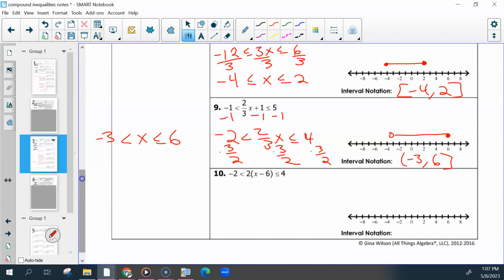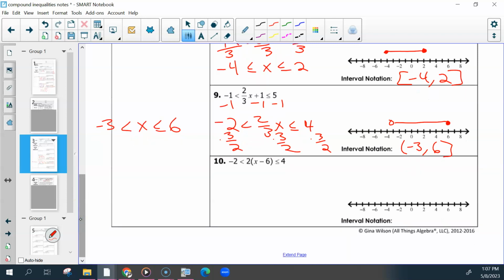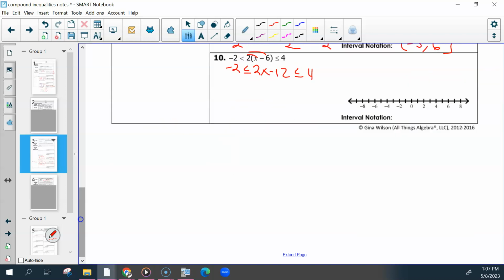There are multiple ways to do 10, but how do you think we should do 10? Okay. So then it's like any other problem you just did. Add 12, and divide everything by 2.